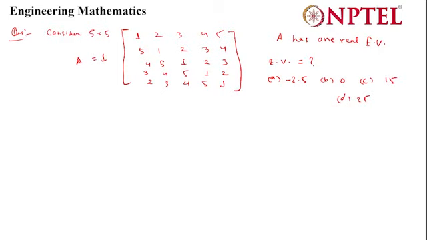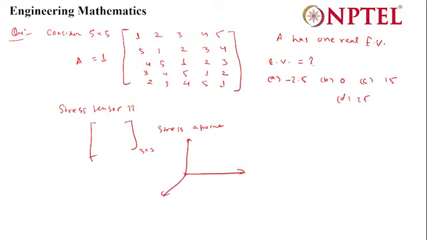Okay. Have you heard about the stress tensor? Yes, ma'am. The stress tensor matrix is a 3 cross 3 matrix that will tell you the stress at a point with respect to 3 directions, 1, 2, 3. In that, you look at a plane and you look at a stress also.